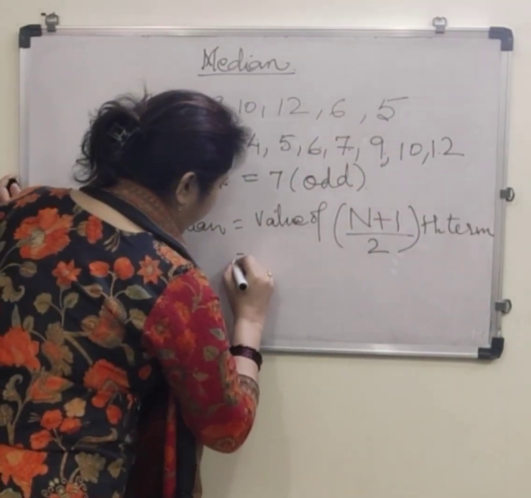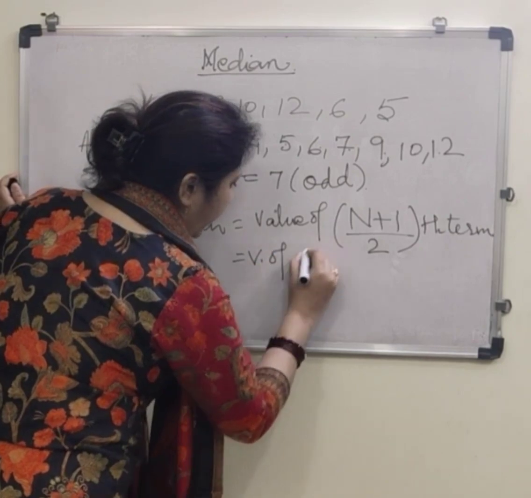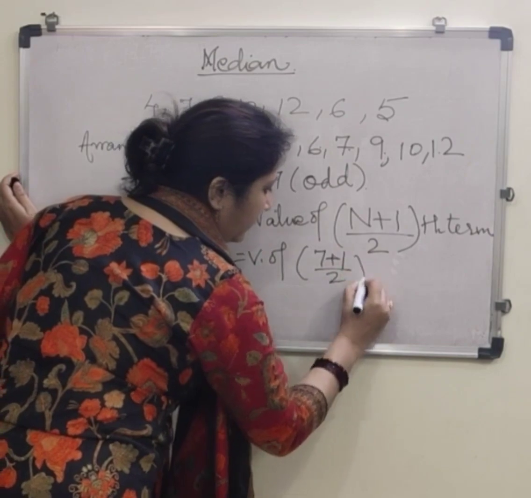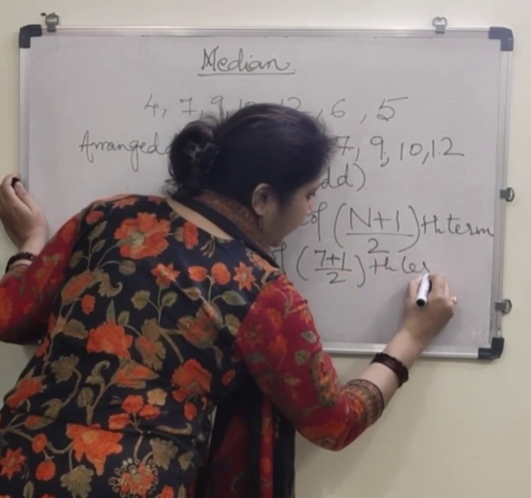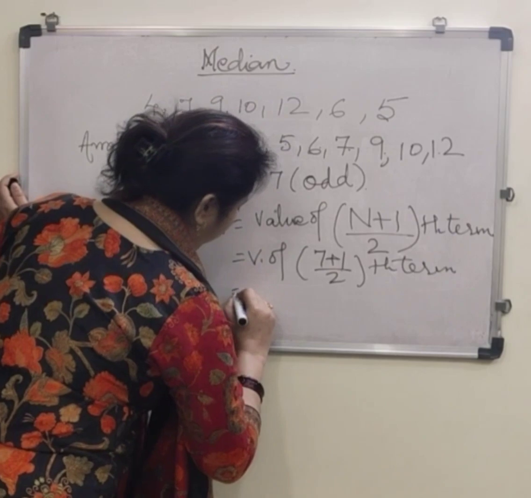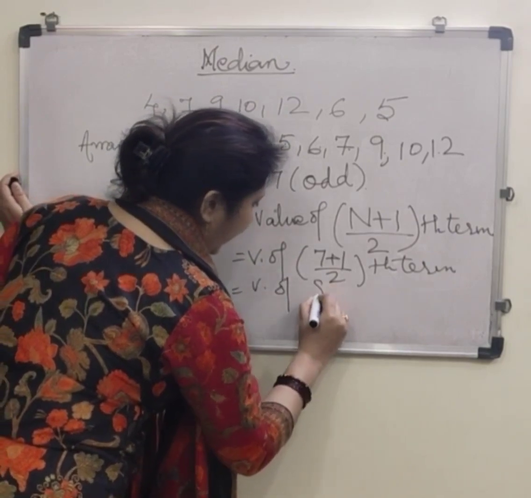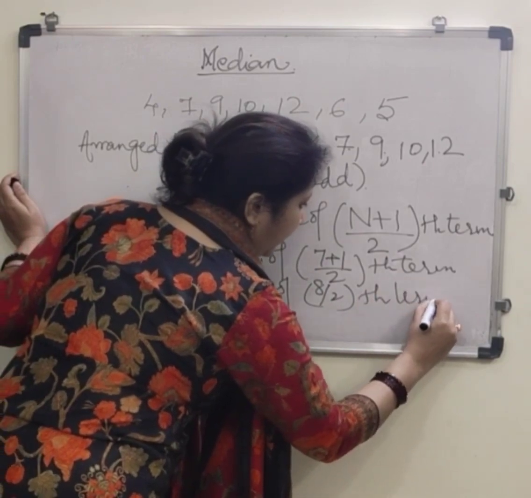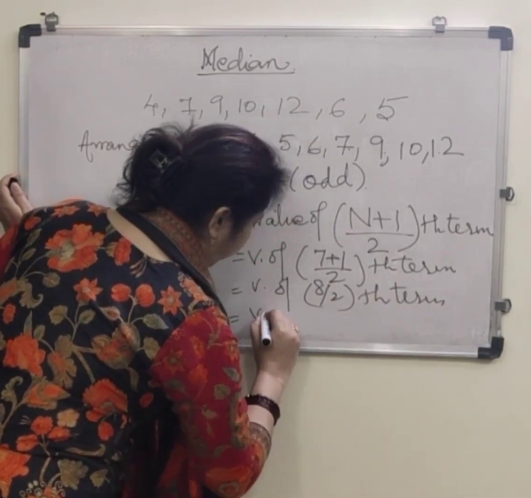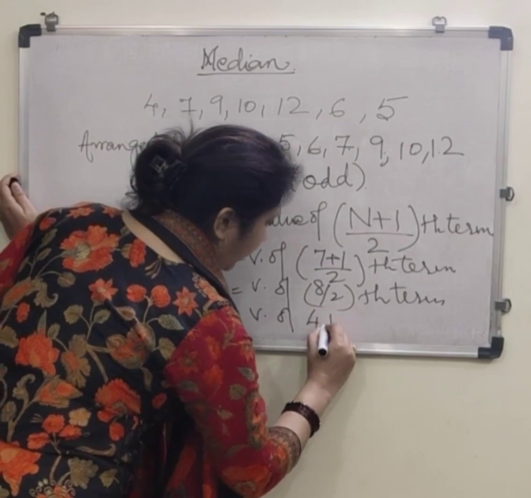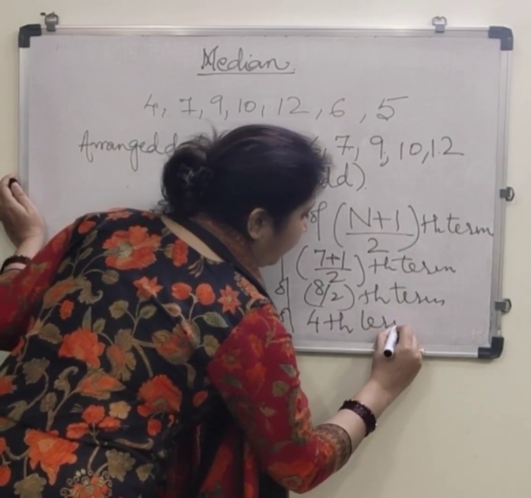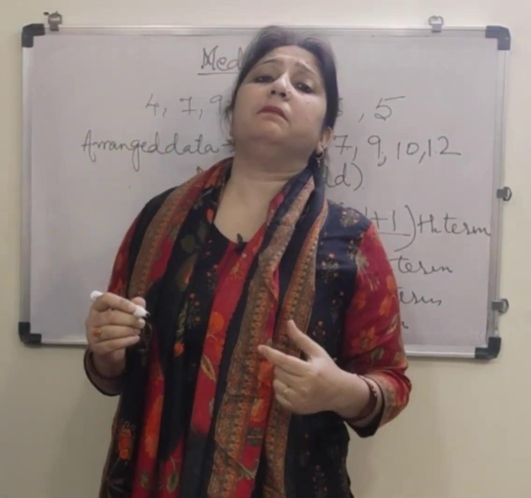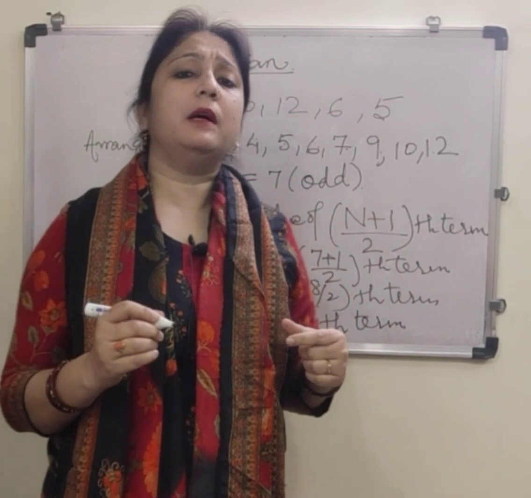Children, we will write again the value of, putting n as 7, (7 plus 1) by 2th term, that is the value of 8 by 2th term, which means the value of the 4th term. But this 4th term we will find in the arranged data. Whatever is the value of the 4th term in the arranged data, that will be the median.